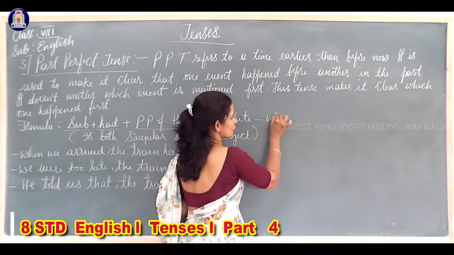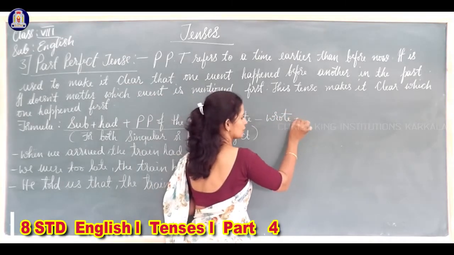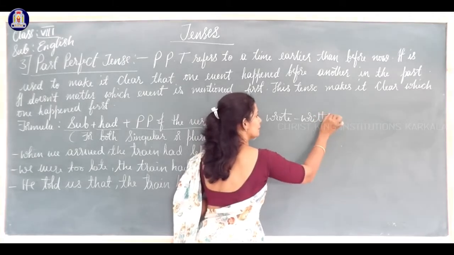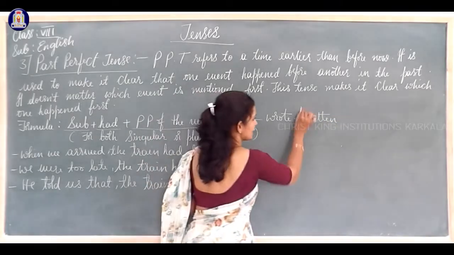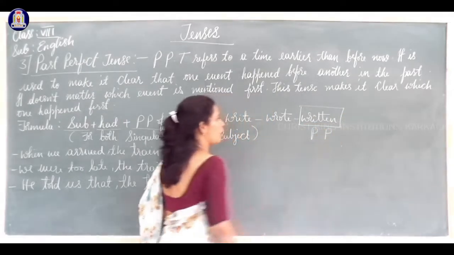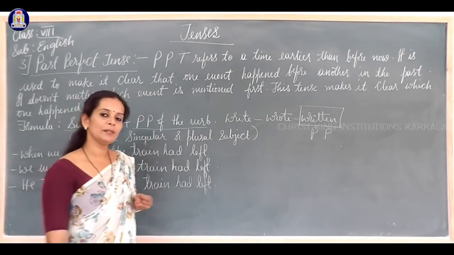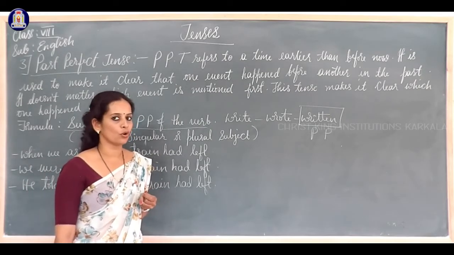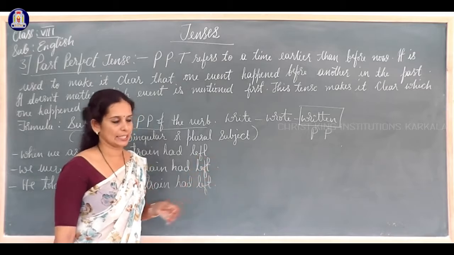The past tense of write is wrote and the past participle of the verb write is written. So this is the past participle of the verb. For example, give, gave, given. Like that it goes. The list of it we'll see later.